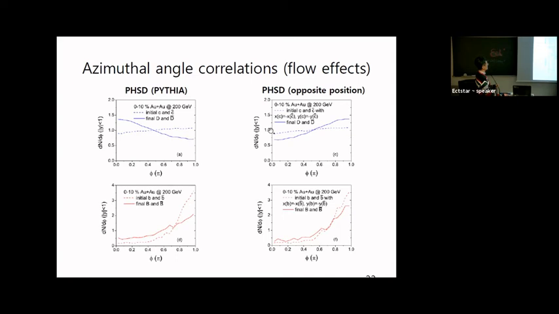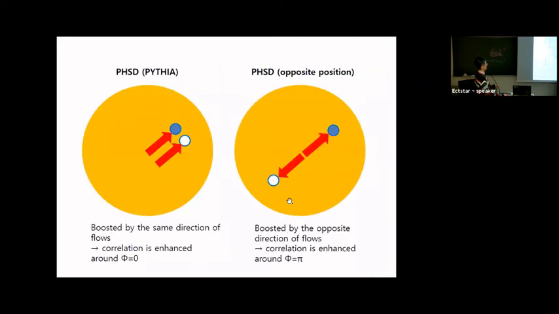Now, the correlation is suppressed at 0 and enhanced at 1. And the reason is the following. As I said, we moved this anti-heavy quark to the opposite position. So now this quark and anti-quark are boosted in opposite directions by the flows. So as a result, the correlation is enhanced around pi equals 1.